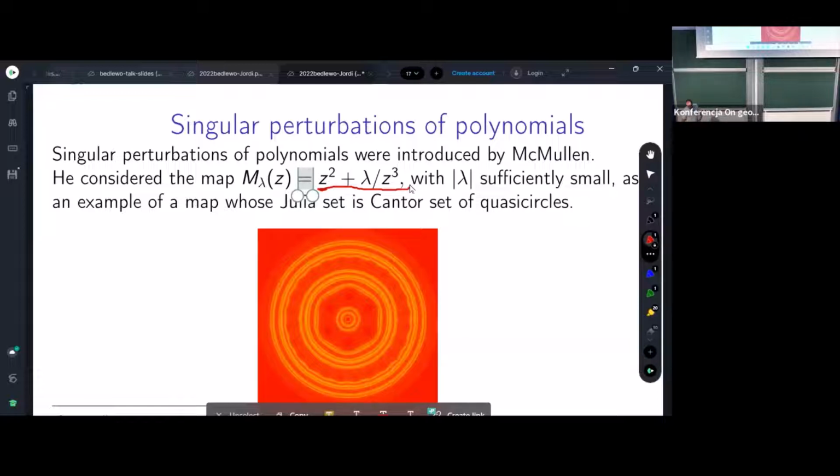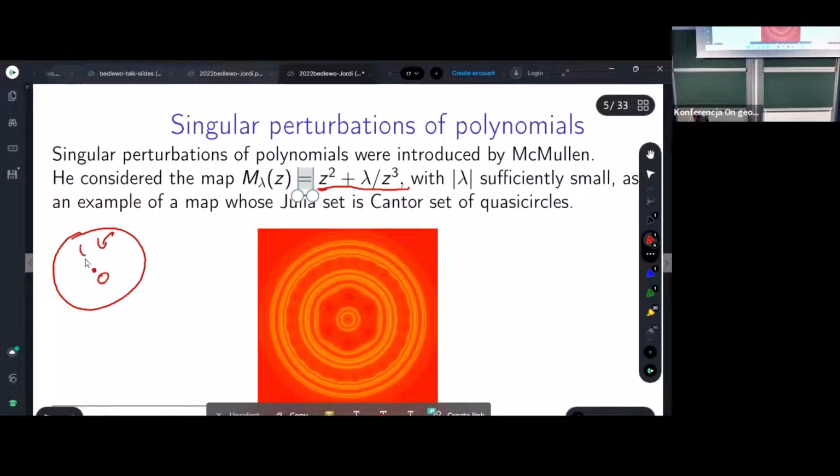So what's the idea? You start with z squared. You have 0, which is a super attracting fixed point, and all the points tend to 0. You have the basin of attraction of 0, which is the unit disk.